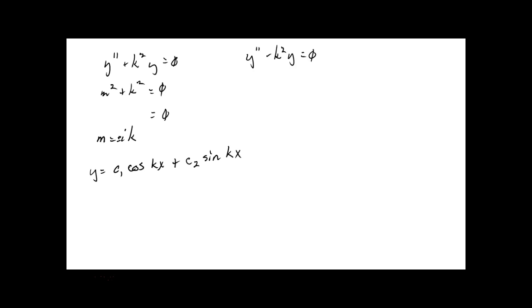Negative K squared C1 cosine KX, plus minus K squared C2 sine KX. And isn't that, when you add those together, you get exactly 0. I guess so. Yeah, because when you take the first and second derivative of sine and cosine, all they do is change signs. So sure enough, that's just what we'd expect it to be.